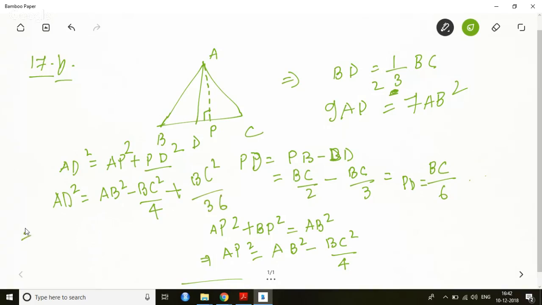So how much do I get? I get AD square is equal to AB square, and this becomes 9 minus how much? Oh, and AB is equal to BC also, because this is an equilateral triangle.